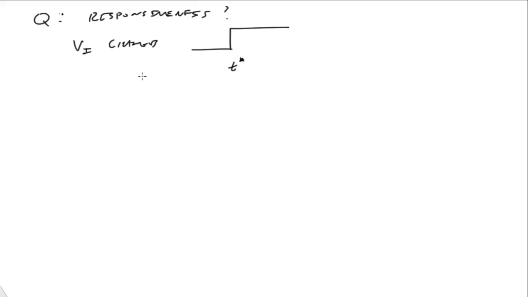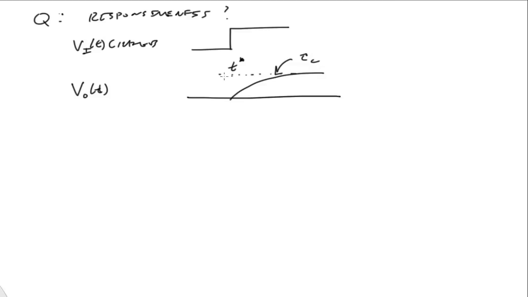Okay, so that is my T. I want to know what the V out looks like. Well, it turns out if you solve the differential equation, it'll look like this. It has a time scale tau c. And then eventually it'll reach 1.